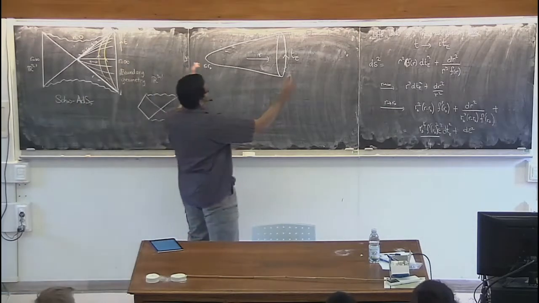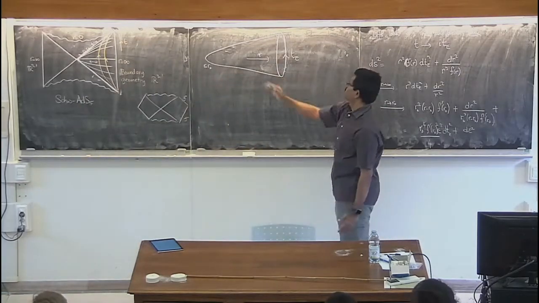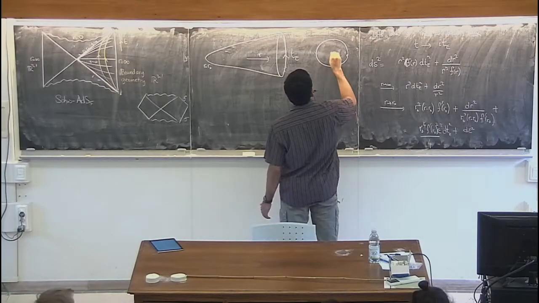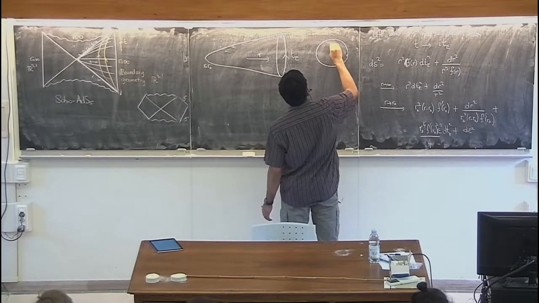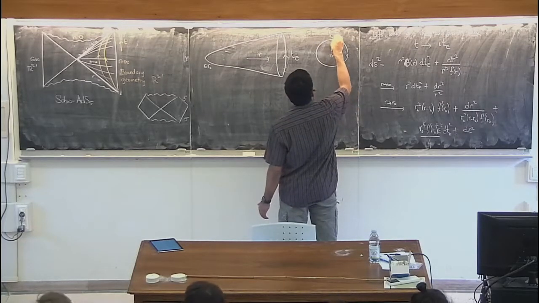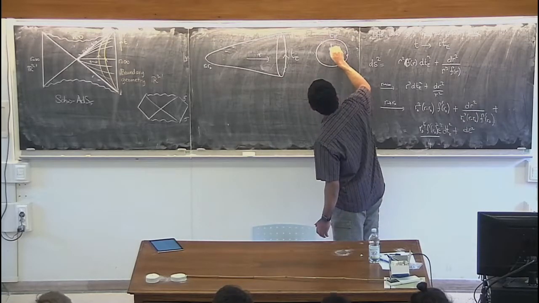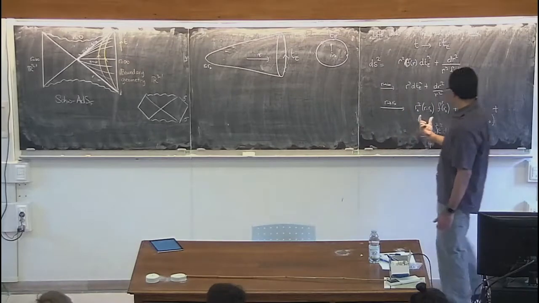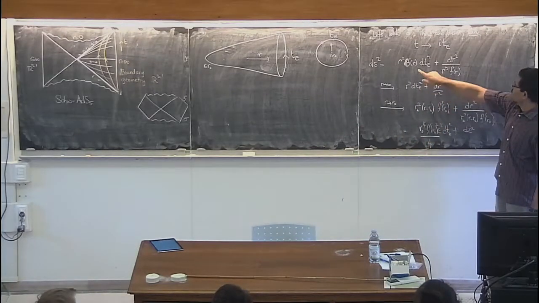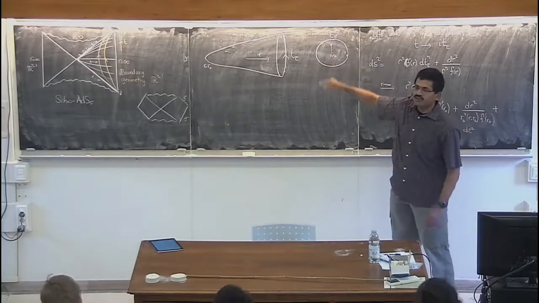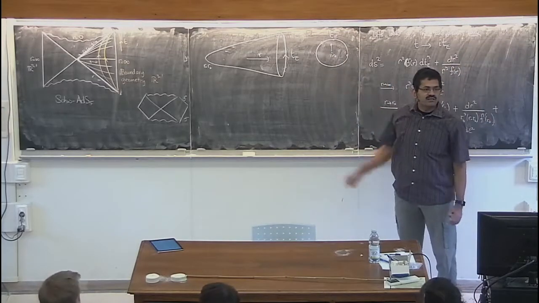If you look at this disk from the side, it's really a disk with r equals r0 being the origin, and the times t_E running around this circle. Sections of constant t_E have proper size determined by this function f of r, but in particular they shrink to 0 size. The t_E circle shrinks to 0 size at r equals r0.